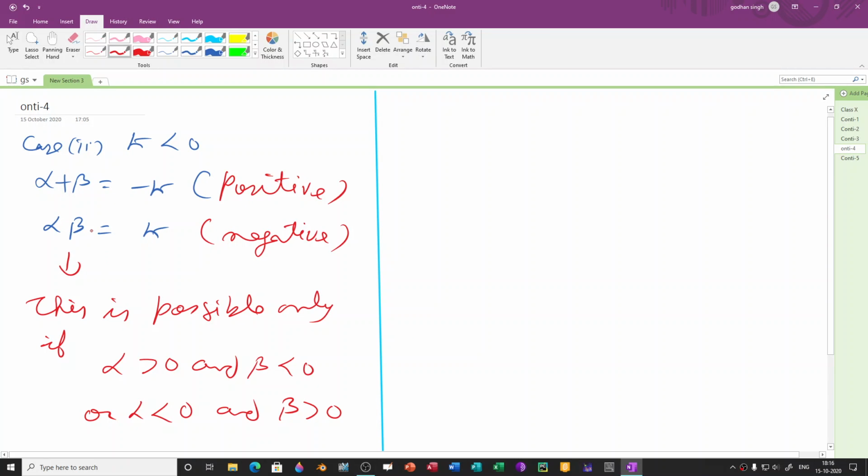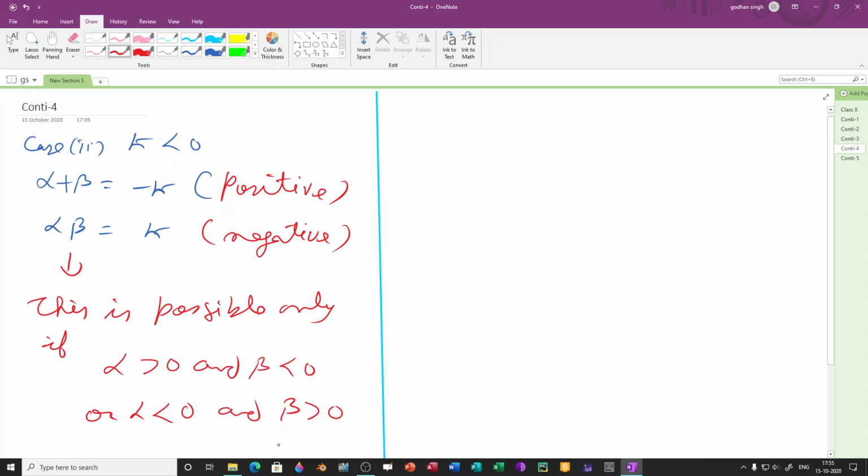Here there is no contradiction, because when we add one positive and one negative number, for example 7 and minus 3, then 7 plus minus 3 equal to 4. So the sum of a positive number and a negative number can be positive, so there is no contradiction here. Let this be result number 2.